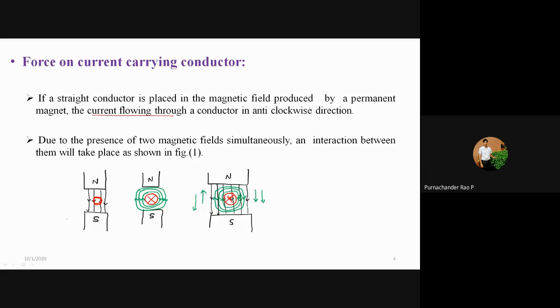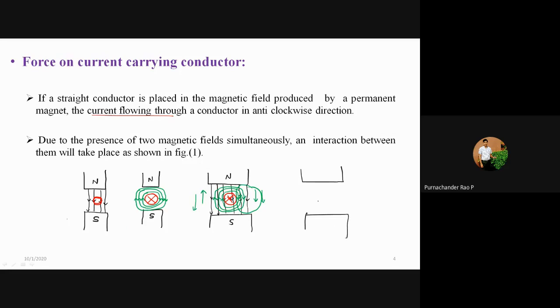And therefore, the flux density to the right side of this conductor is higher as compared to the flux density to the left side. And therefore, now the resultant flux which is produced by the two fluxes can be in this fashion.